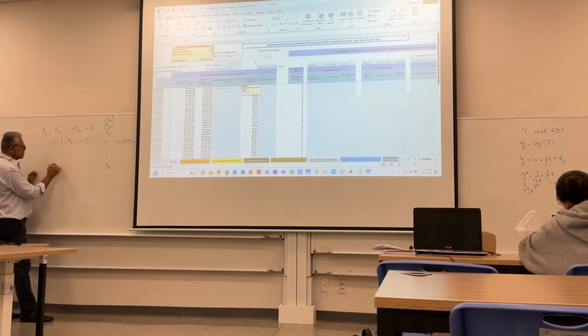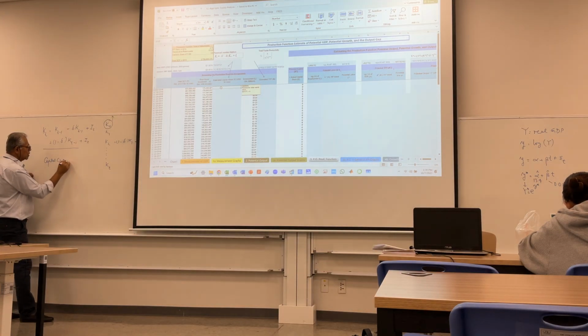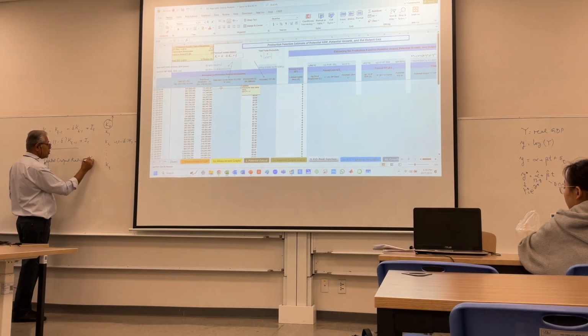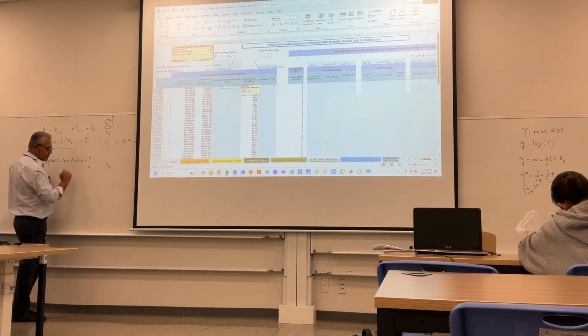Remember, there is the idea that there is the capital output ratio, which for an economy is the ratio of output to capital.